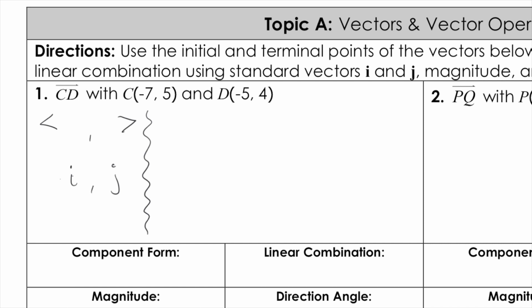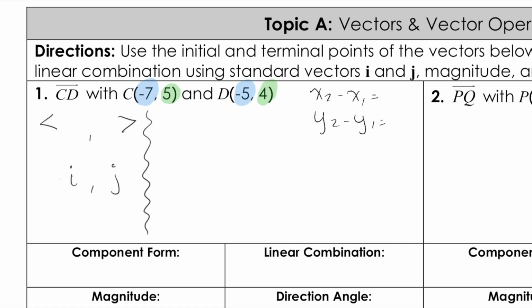So the way that we represent a vector or this movement upon the graph, you could graph these 2 points in Desmos and count. But what we want to do is find the distance between our initial x and our terminal x, and our initial y and our terminal y. And the way that we do that is we just do x2 minus x1 and y2 minus y1.